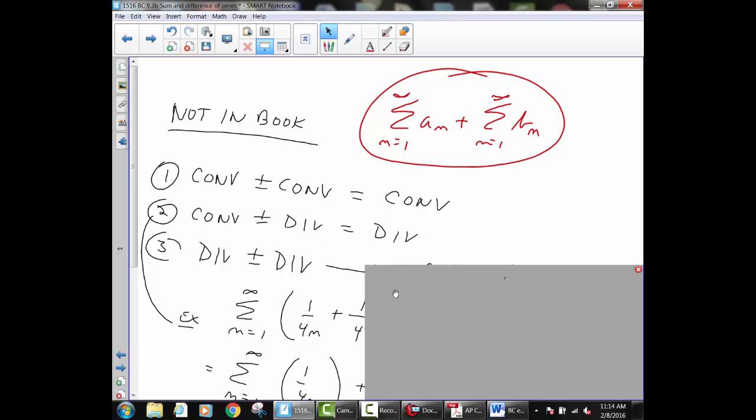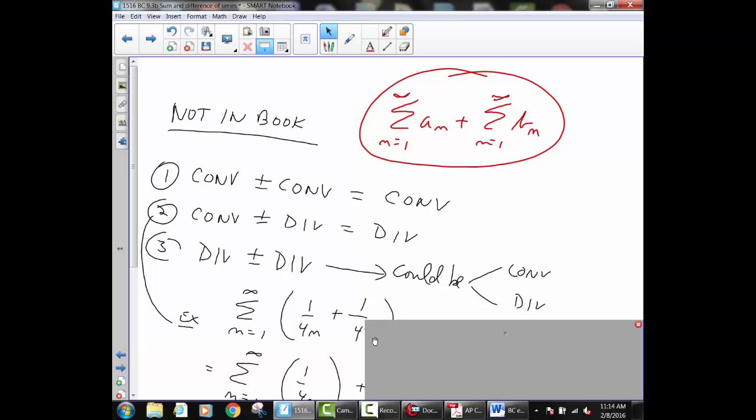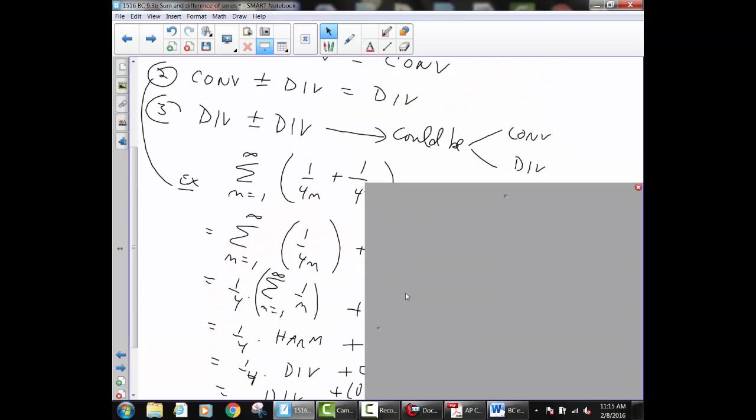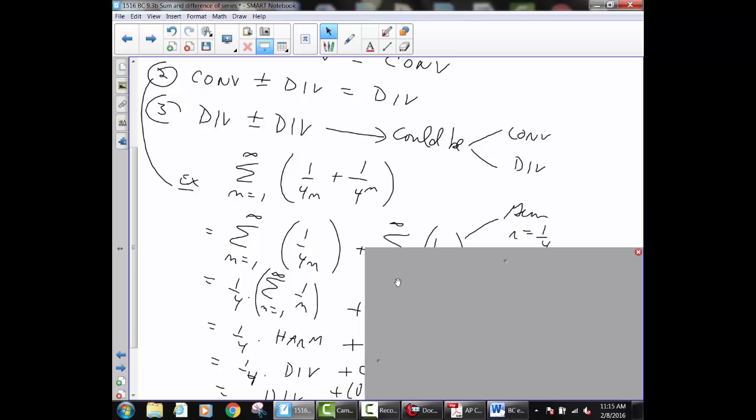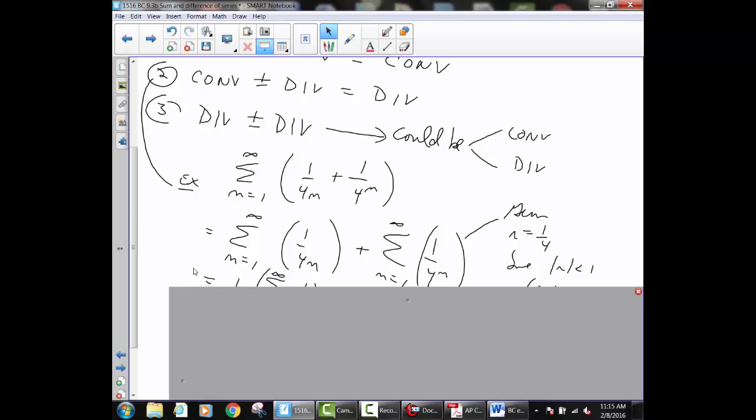The interesting one is the divergent plus or minus divergent. You actually could end up with convergent or divergent in this case. So if you take, for example, 1 over 4n plus 1 over 4 to the power of n. So if I break that up, I'm going to see whether each one of these series converges or not. So certainly this one right here is a geometric series.